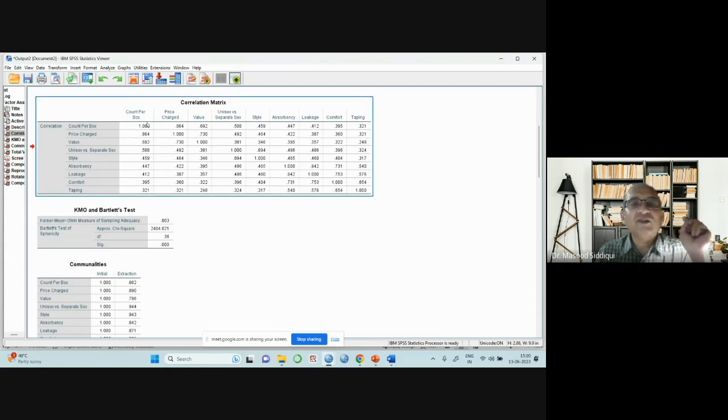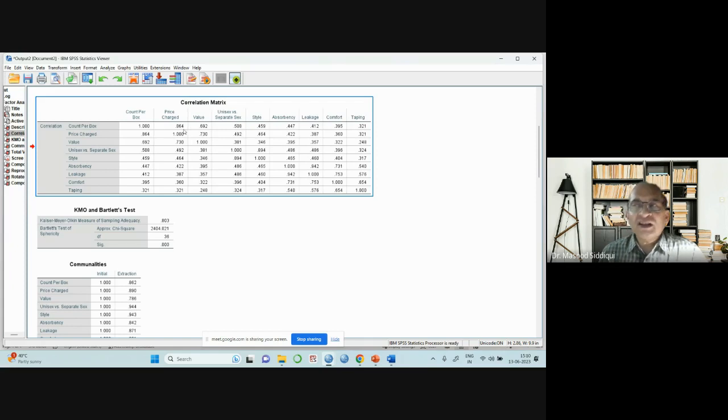So all the diagonal elements are 1 because the correlation coefficient of a variable with itself will always be 1 only. So ignore that. Now here, since this is a symmetric matrix, the coefficients on the upper triangular are exactly the same as on the lower triangular. So that is known as the upper triangular matrix or the lower triangular matrix.